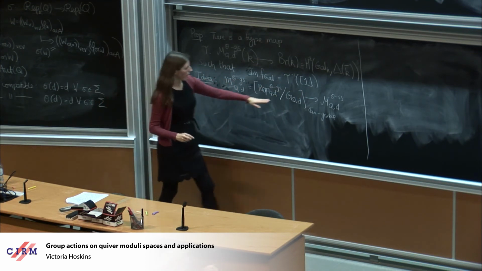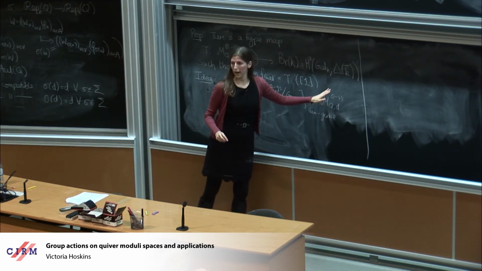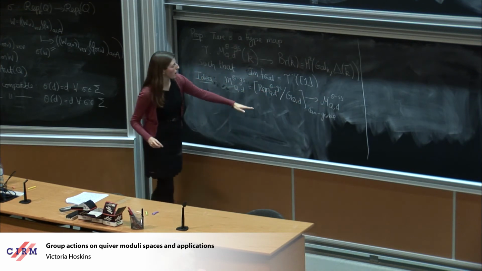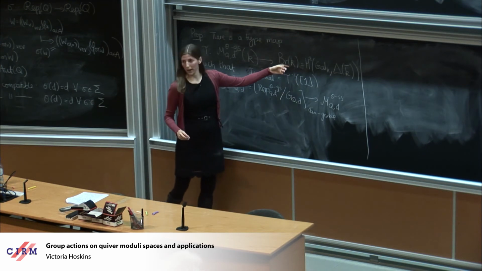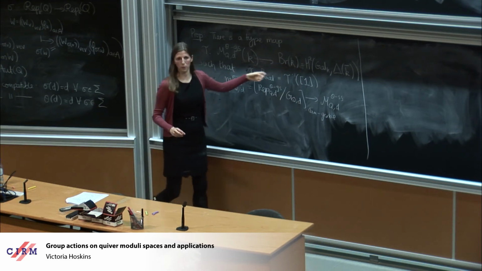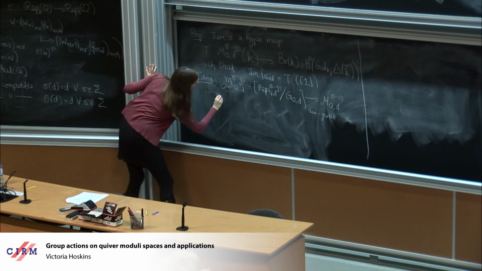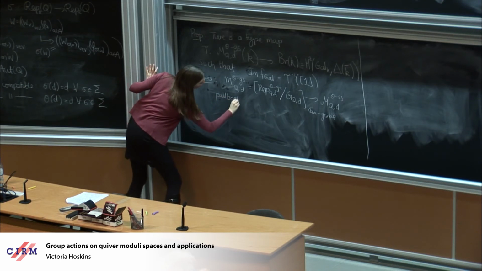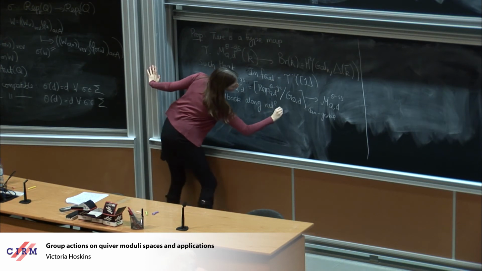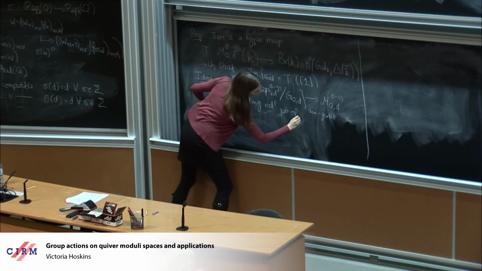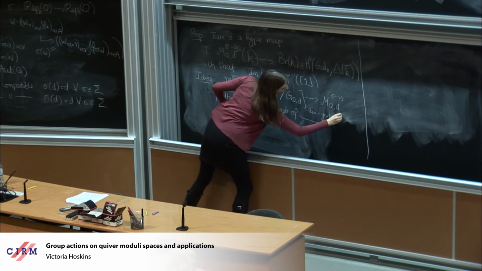And then if I have a K rational point here, then I can just pull this G_m gerbe back, and I get a G_m gerbe over K, which is precisely an element in the Brauer group, of this moduli space.